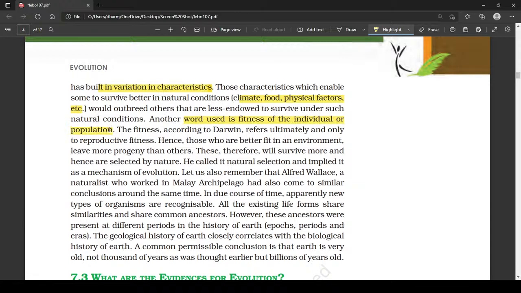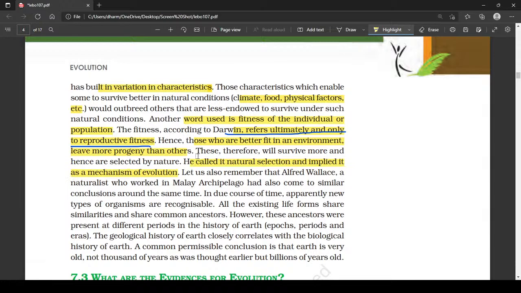The fitness, according to Darwin, refers ultimately and only to reproductive fitness. Hence, those who are better fit in an environment leave more progeny than others. These therefore will survive more and hence are selected by nature. He called it natural selection and implied it as the mechanism of evolution.